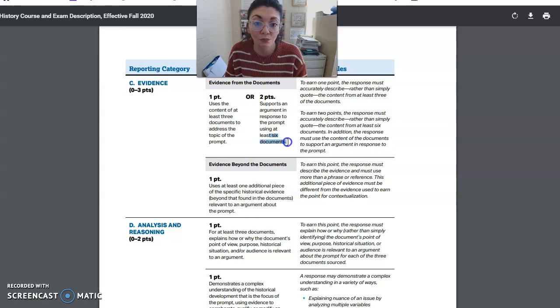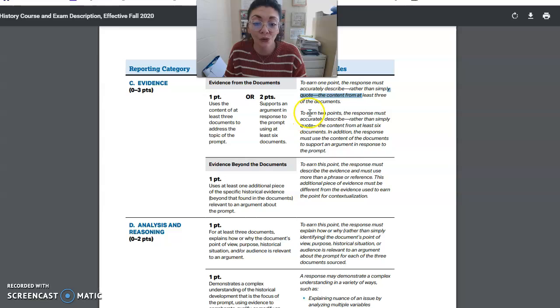Write that down, very important. If you only describe 3 of the documents, you're only going to get 1 of those 2 points.